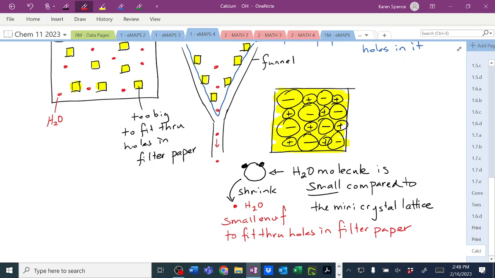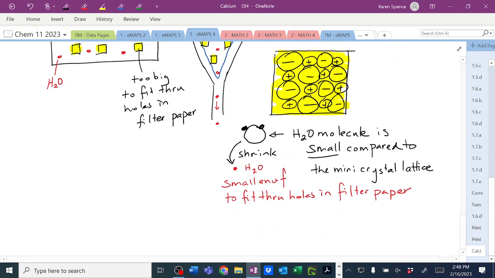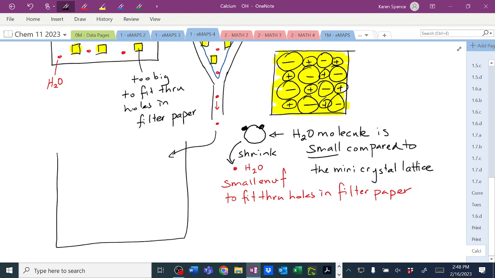So there goes the water. Down below the funnel, and I haven't left myself much room down below the funnel, it's going over here now. All right, we end up with our beaker. And now, instead of looking like this, it looks like this after it has been through the funnel. Yes?